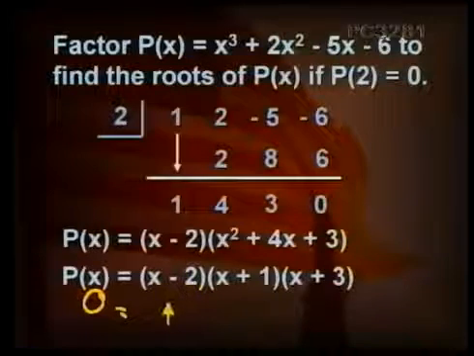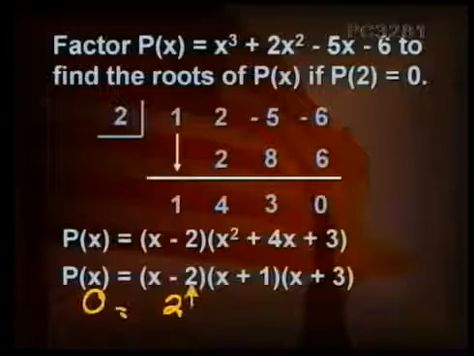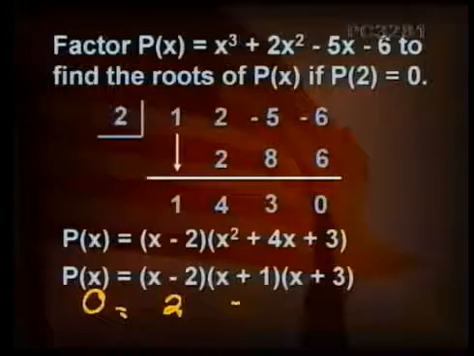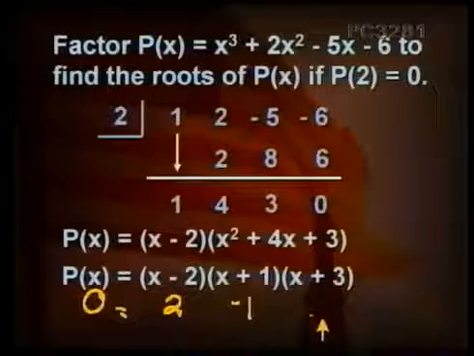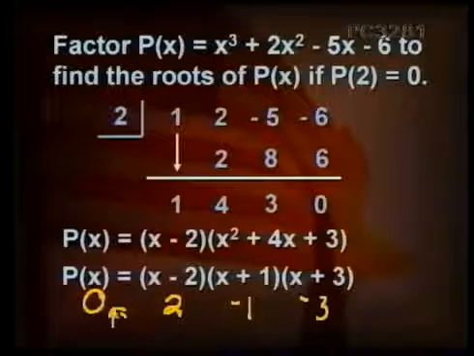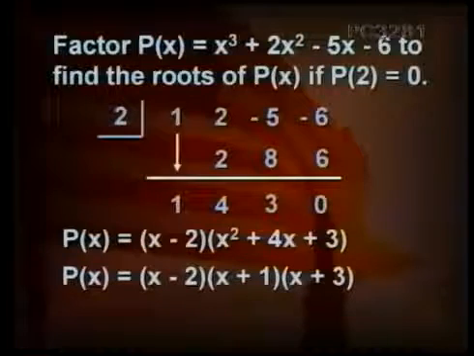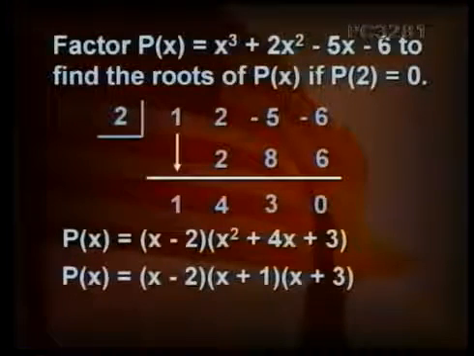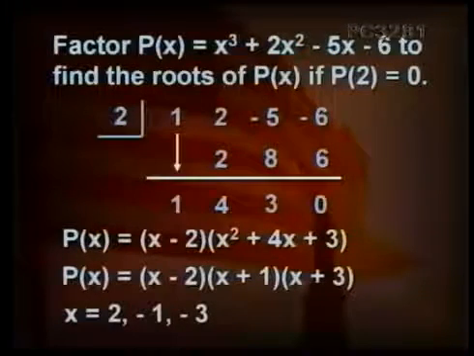Whenever x equals 2, because 2 minus 2 is 0, and 0 times anything is 0. When x equals -1, because that would give us 0 right here, and 0 times anything is 0. Or when x equals -3. So those are my zeros of this polynomial. Remember, to find the 0 of a polynomial, you let y equal 0 and solve for x. So the zeros would be 2, -1, and -3.